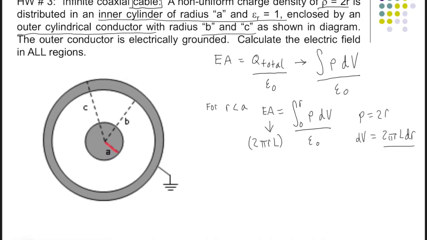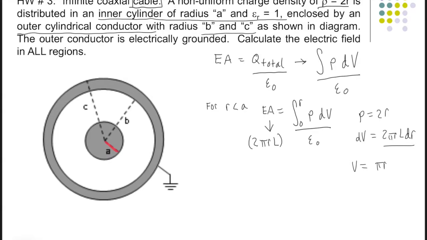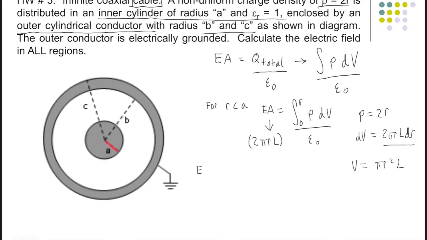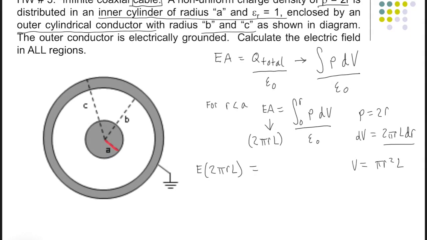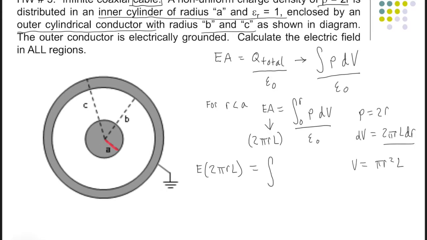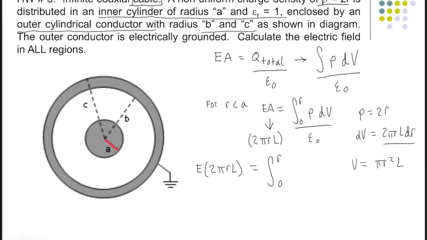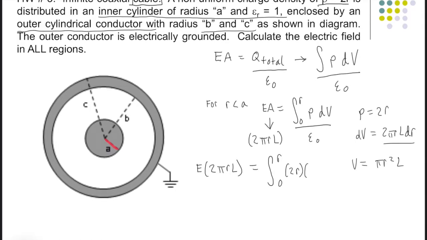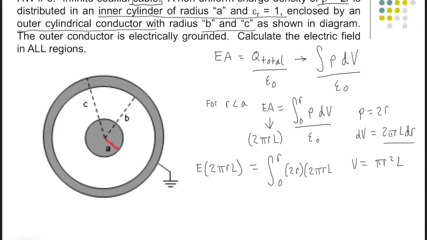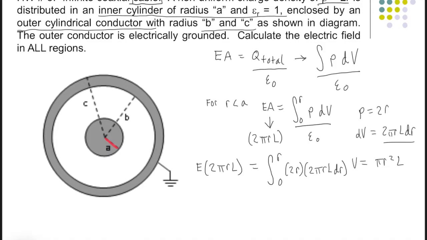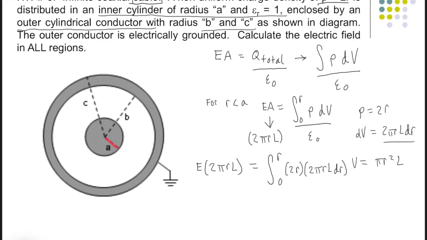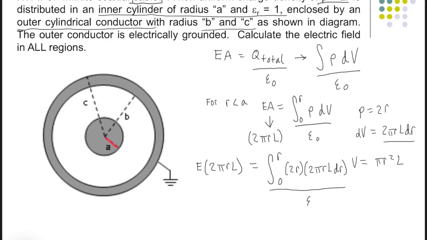And the reason why we're getting 2 pi RL here is because the volume of a cylinder is pi r squared times L. And what we get is E times 2 pi r L is equal to the integral from 0 to r times 2r times 2 pi RL dr. And we're integrating with respect to r here because our charge density is with respect to r as well. And all of this is over epsilon naught.